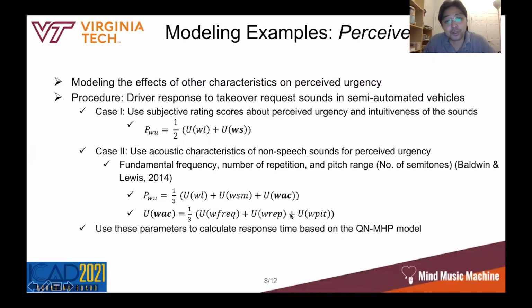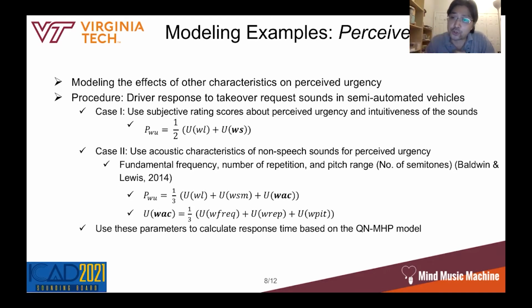So they made computational modeling based on different word choice. So here's a couple of case studies we've done in my lab. So we wanted to model driver response to takeover request sounds in semi-automated vehicles. So in the first case, to get this perceived urgency, we used drivers' subjective rating scores. So rating score about perceived urgency and rating score about intuitiveness of the sounds.